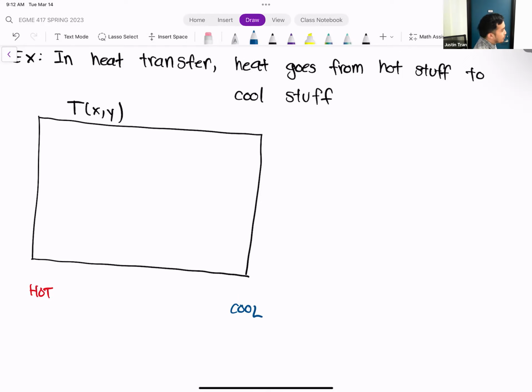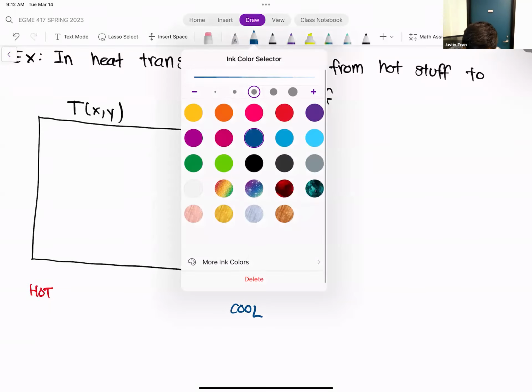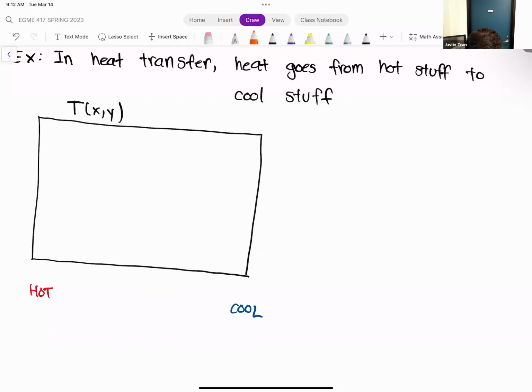If we follow the fundamental law of heat transfer, trademarked by myself, then we know that heat or energy is going to flow from the hot to the cool side, right? And so heat will go this way.